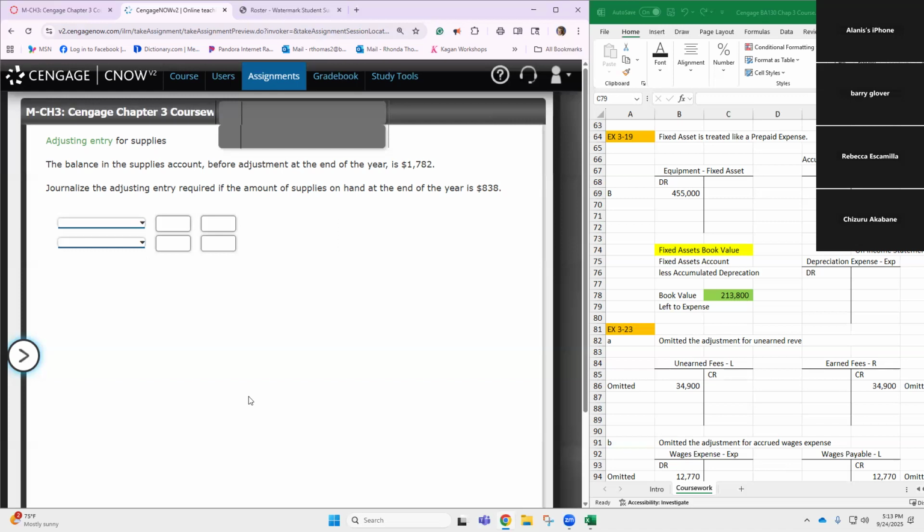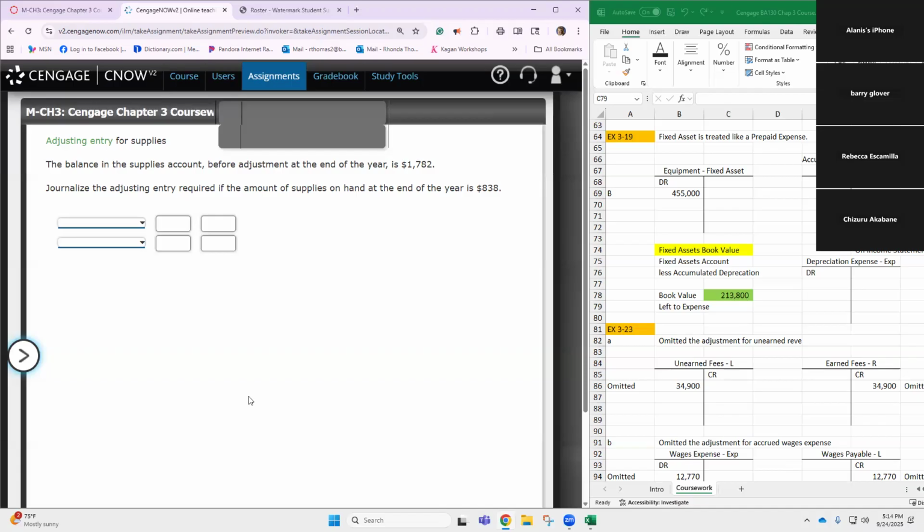Because if it had 1782 and now it only has $838, we need to know the difference, because that's the amount of supplies that went down. When this account goes down, the offsetting debit goes in the expense account. So let's do the math here. 1782 minus 838. I got 944.